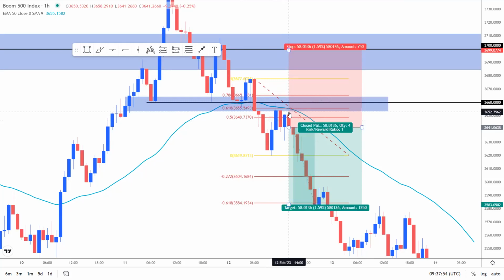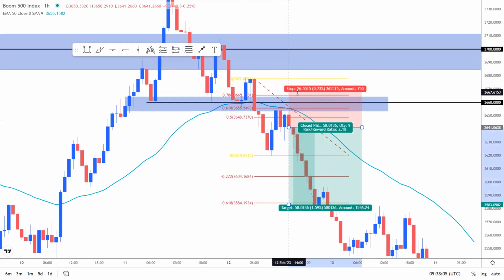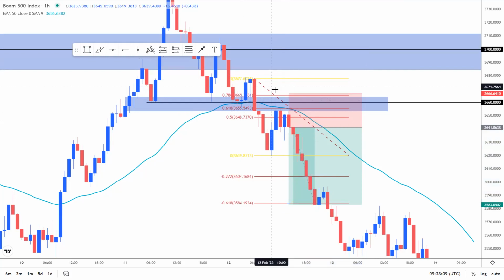So all of this is in a bid to further solidify my confluences, increasing my probabilities of selling S&P 500 index from this level as a higher probability trade setup.